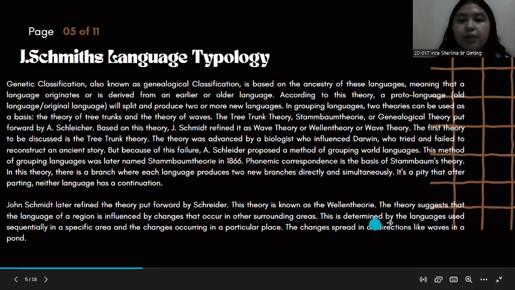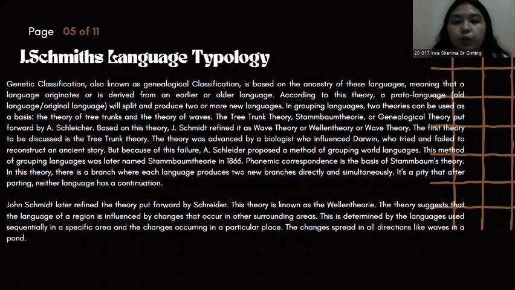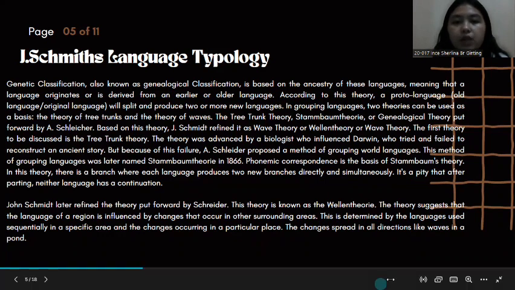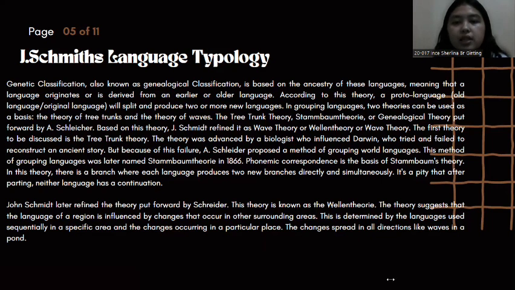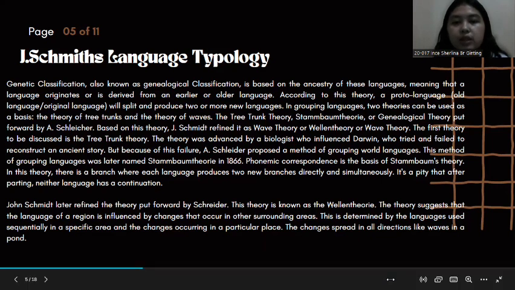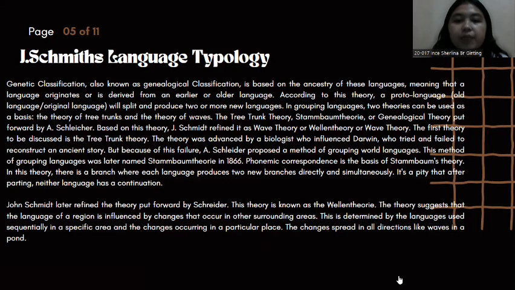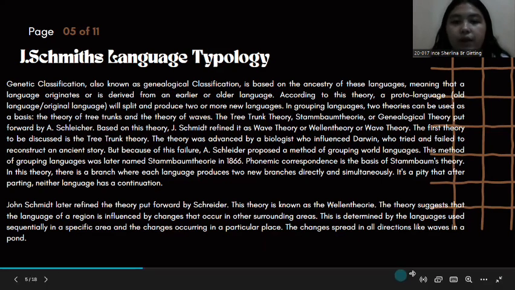This is determined by the language used sequentially in a specific area and the changes occurring in a particular place. The changes spread in all directions like waves in a pool. The pool will produce waves when an object falls into the pool. This suggests that there is still a relationship between the separate languages. This makes the weakness of the previous theory absent in this theory.